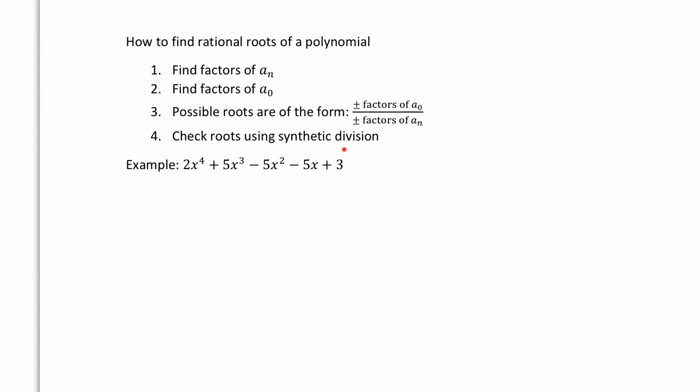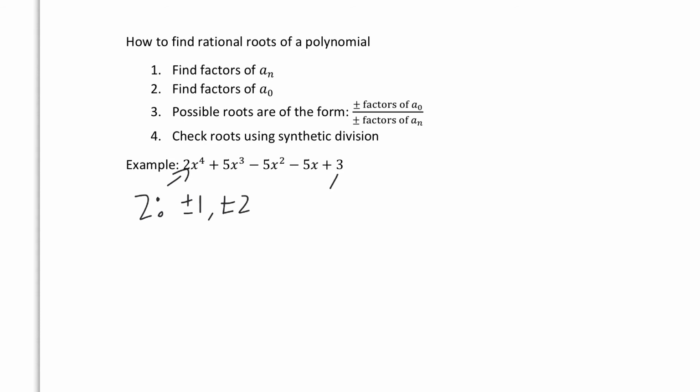You have the factors of this constant term, and you also include the factors of this leading term. And then you just put them in ratio to one another. So let's go ahead and take a look here. So the factors of the 2 are going to be plus minus 1 and plus minus 2.